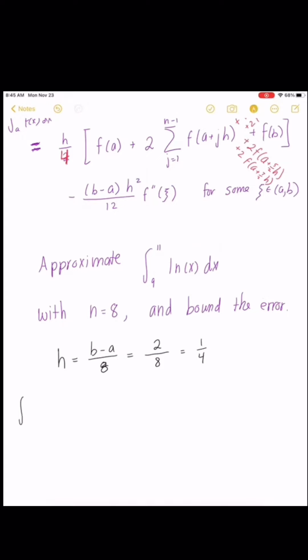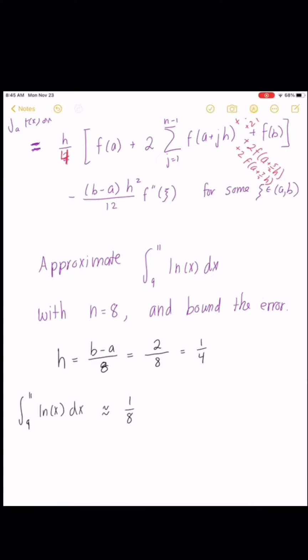So we end up with the integral from 9 to 11 of ln of x dx is approximately, we have h over 2, so 1/4 over 2, which is 1/8.